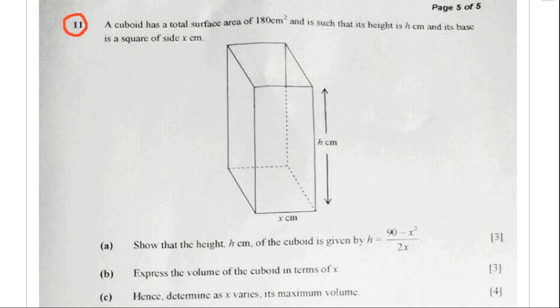Part A says: show that the height h of the cuboid is given by h is equal to 90 minus x squared over 2x. B says: express the volume of the cuboid in terms of x.